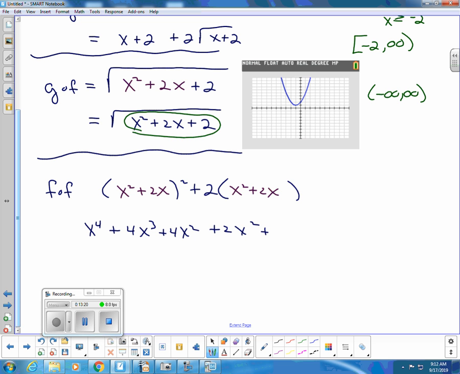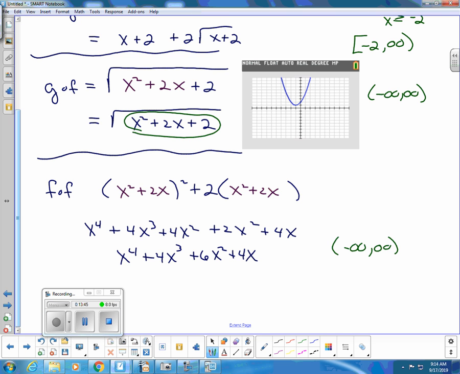Distribute over here. So that's what f of f equals. And the input function was a quadratic. The output function is still a polynomial. So our domain is all reals.